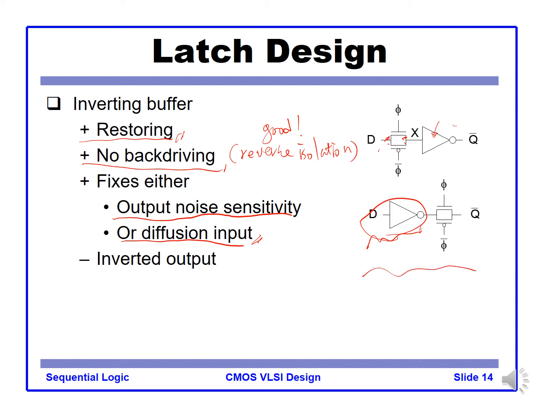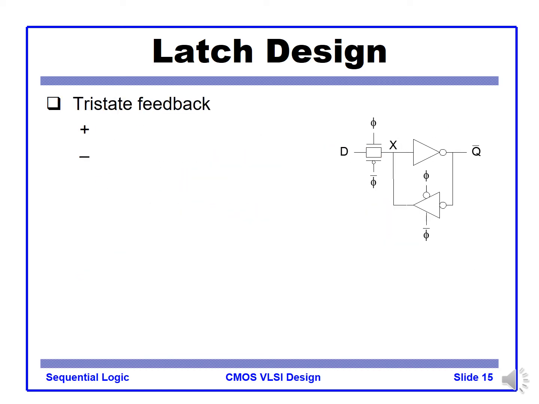The problem with this kind of latch, since the inverter is just a single stage, is that the output is inverted. No matter whether the inverter is at the input or output, we know that in the previous example, it still relied on the parasitic capacitance.